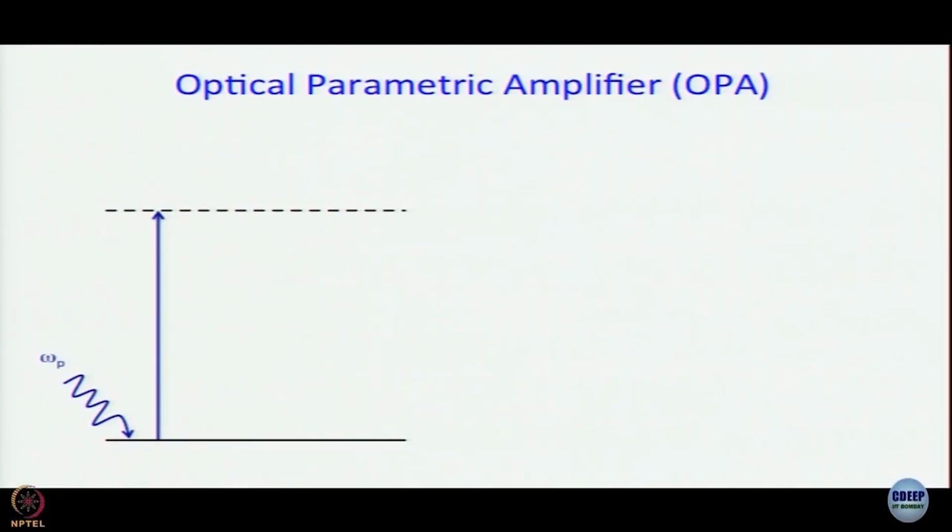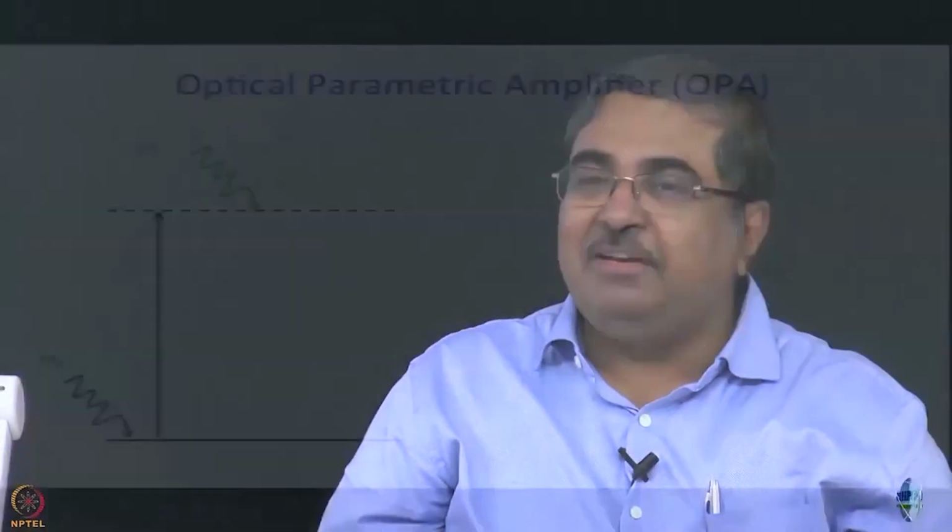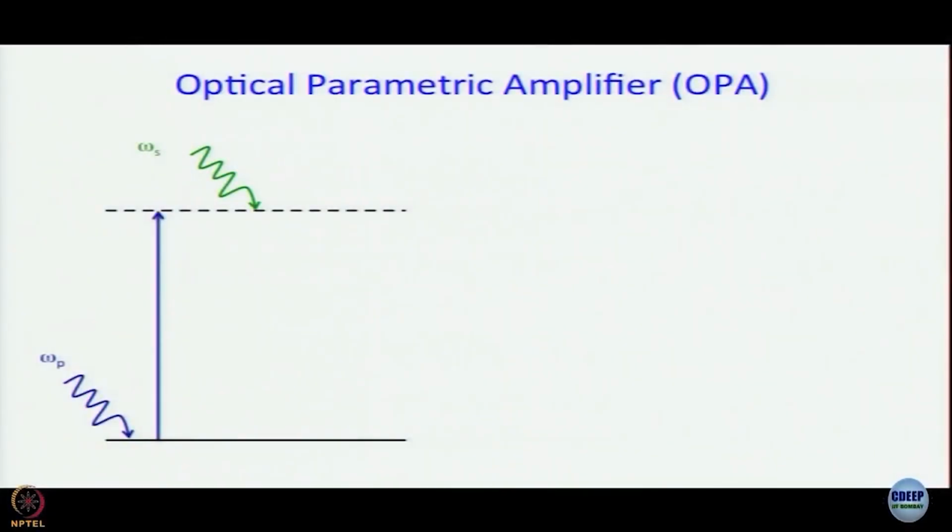Now, and that is why this reminds me of stimulated emission, let us say by some means I already have a little bit of omega s in the system. Okay. Now, what will happen? Sort of stimulated emission.